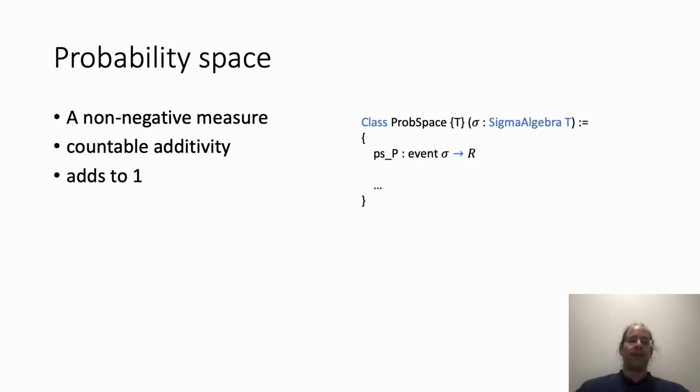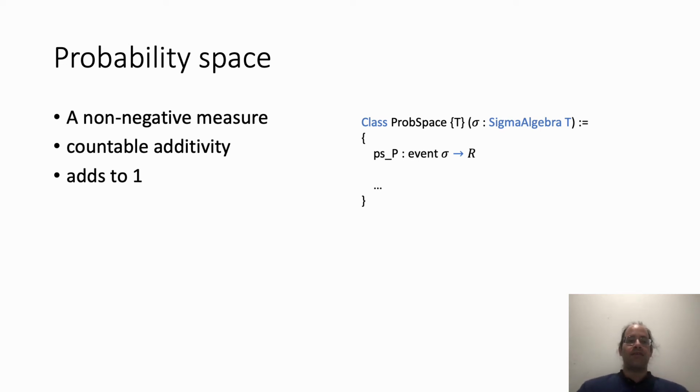Using these, we can now define the notion of a probability space. Recall that a probability space provides a non-negative measure, which is a function from events to reals, that satisfies countable additivity, and if you take the measure of the entire space, then you get 1.